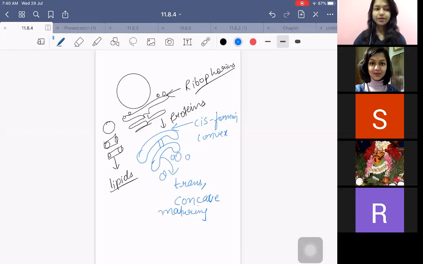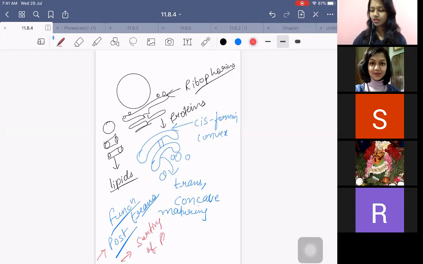So what are the Golgi body functions? Post-translational modification of the proteins. Remember? Other than this, sorting of proteins, arrangement of proteins.